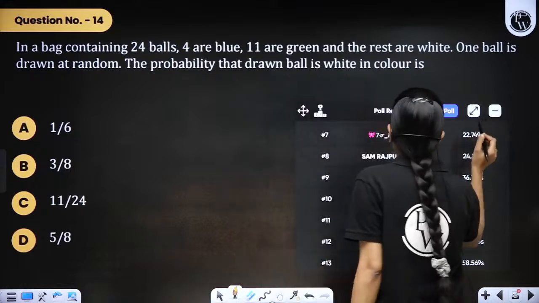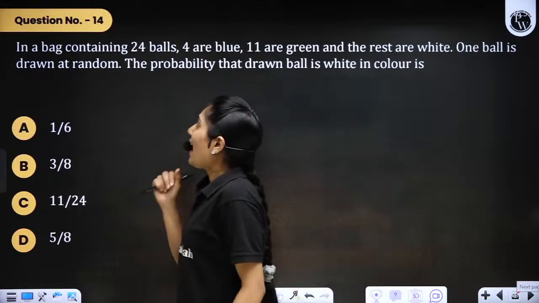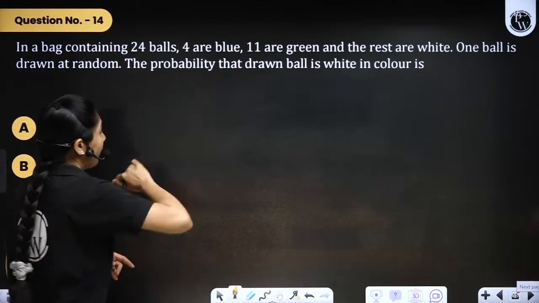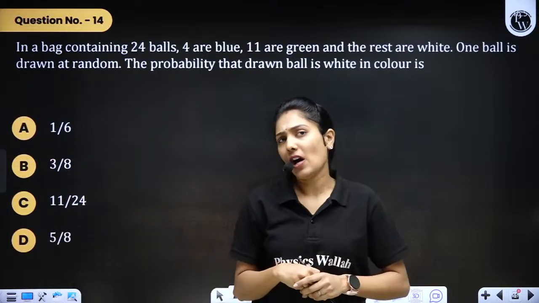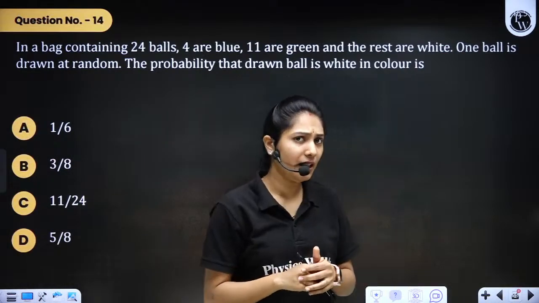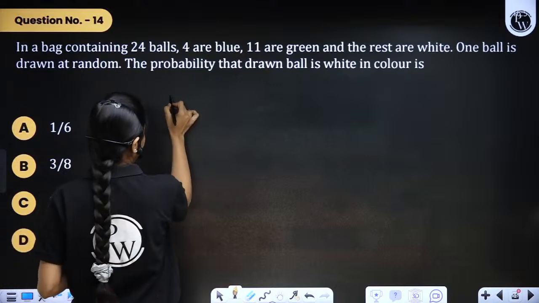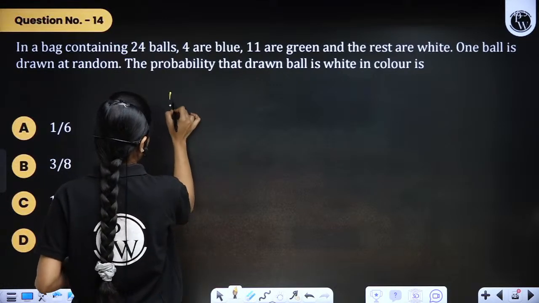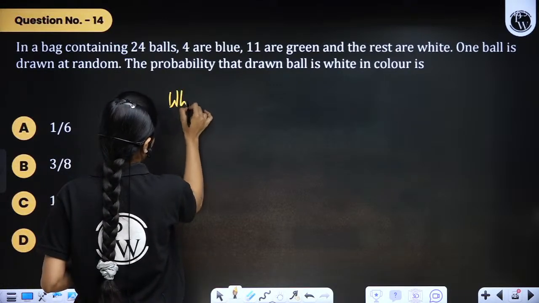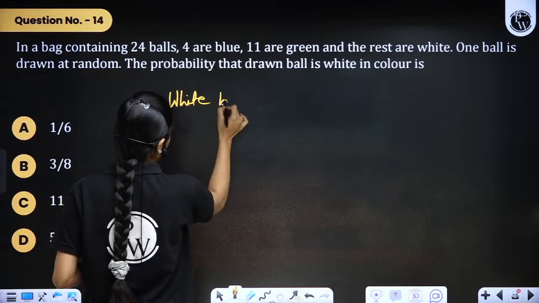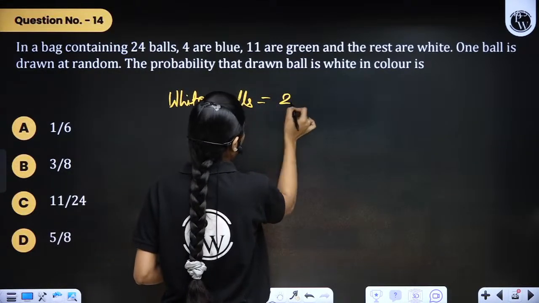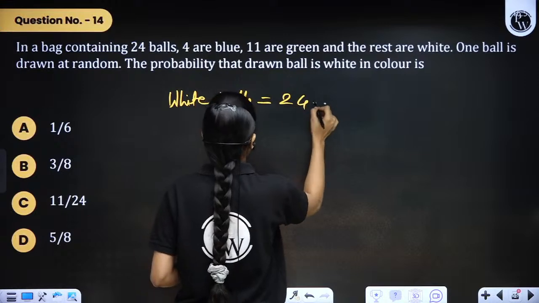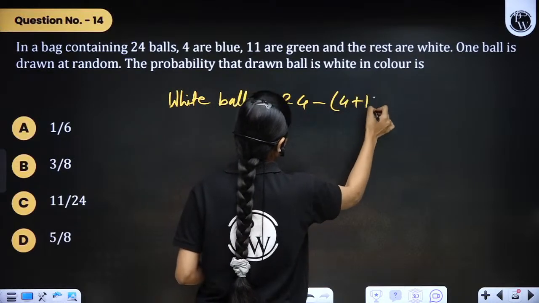Okay, so let's see. In a bag containing 24 balls, 4 are blue, 11 are green. So the rest are white. How many balls are there with white color? White balls are nothing but 24 minus 4 plus 11.